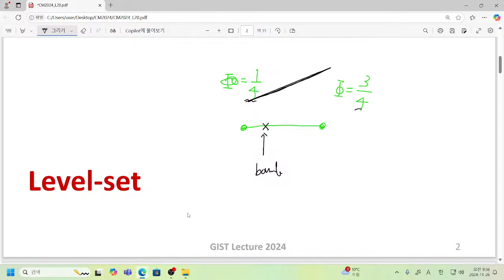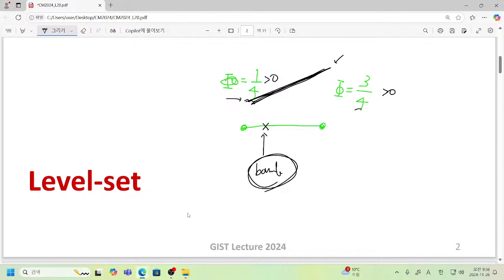The boundary level is always positive, so we don't have any kind of boundary, because it doesn't have any sign. This is a positive number and this is a positive number.